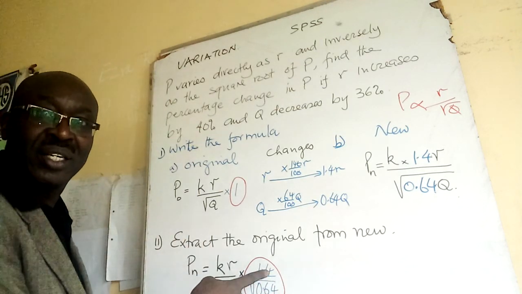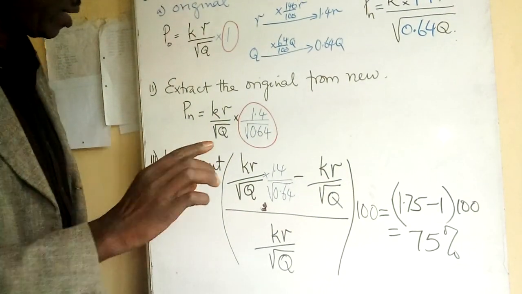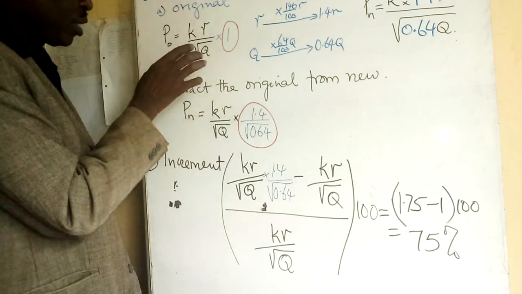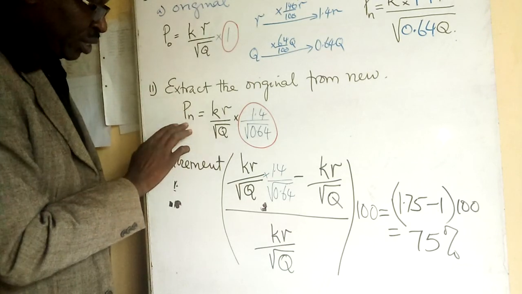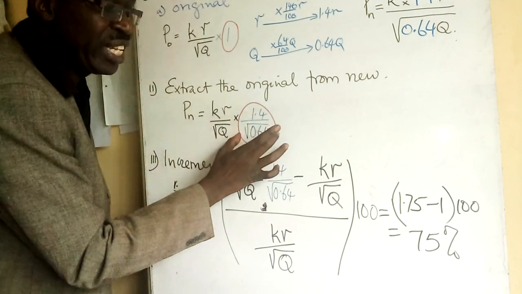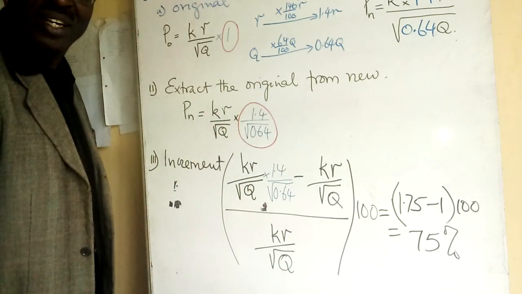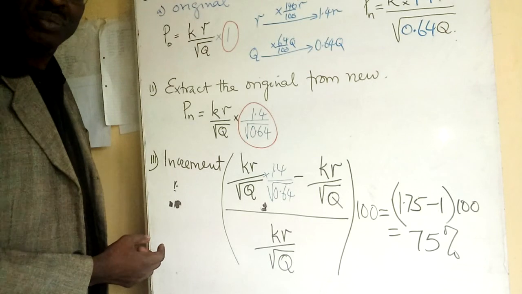Now, we focus down here. You can see this, you can see that. The original times 1. The new one times the effected changes. Now you come to number 3, increment.